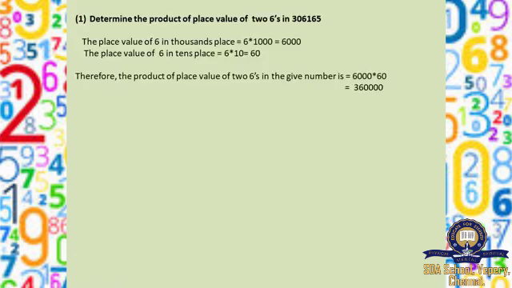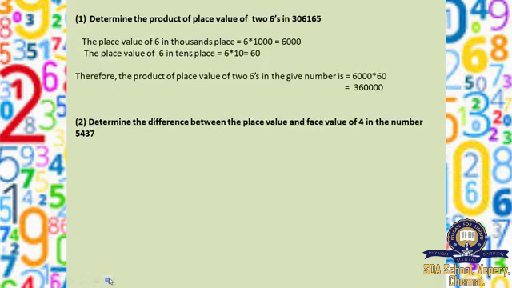The next sum is: determine the difference between the place value and face value of 4 in the number 5437. We have to determine the difference between the place value and face value of 4.